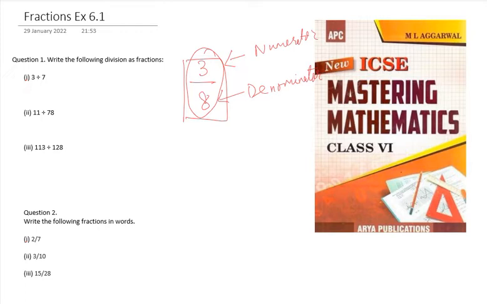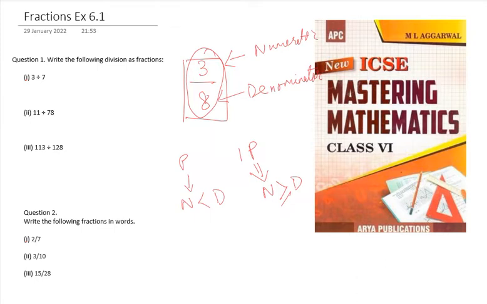There are different types of fractions, that is, proper fraction and improper fraction. A proper fraction is a fraction where the numerator is smaller than the denominator, and in an improper fraction the numerator is either greater than the denominator or also equal to it.